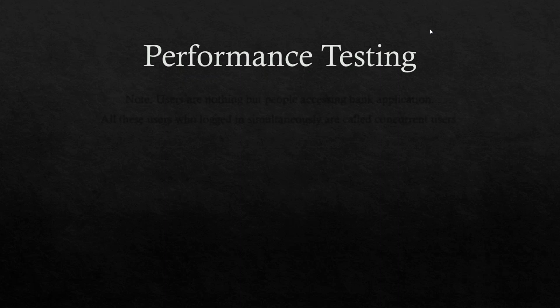So in performance testing terminology, these users are nothing but concurrent users, right? All these users will be logged in simultaneously. There will be n number of users who will be accessing the bank application at a time. So these are called concurrent users.